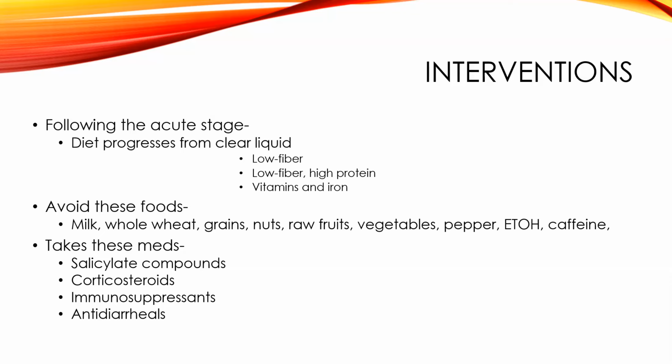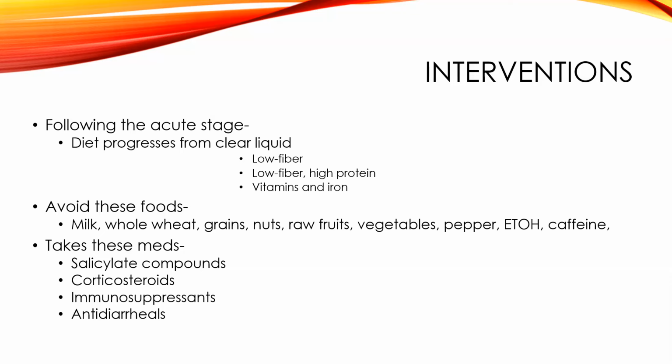Caffeine is a vasoconstrictor, so not only does it cause constriction in the bowels, but you also have that inner lining that's inflamed, so you're just causing more problems on that. Plus caffeine can possibly dehydrate them even more.